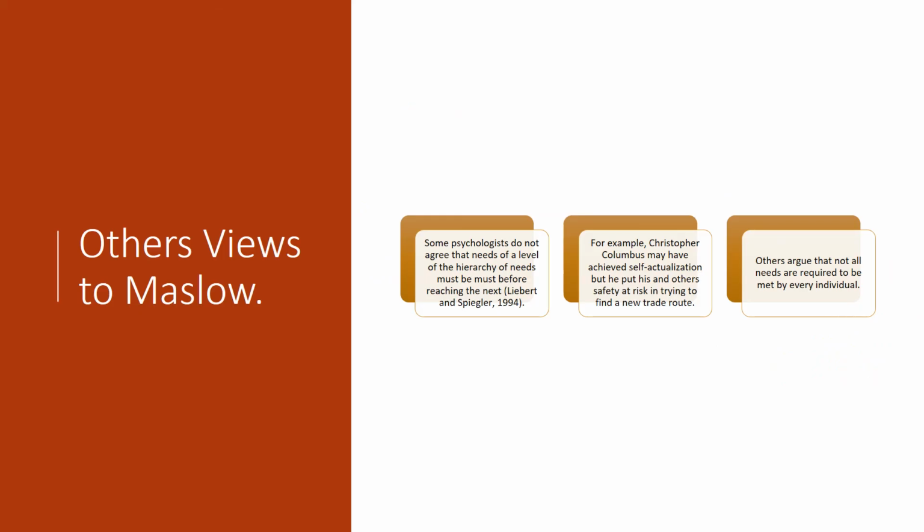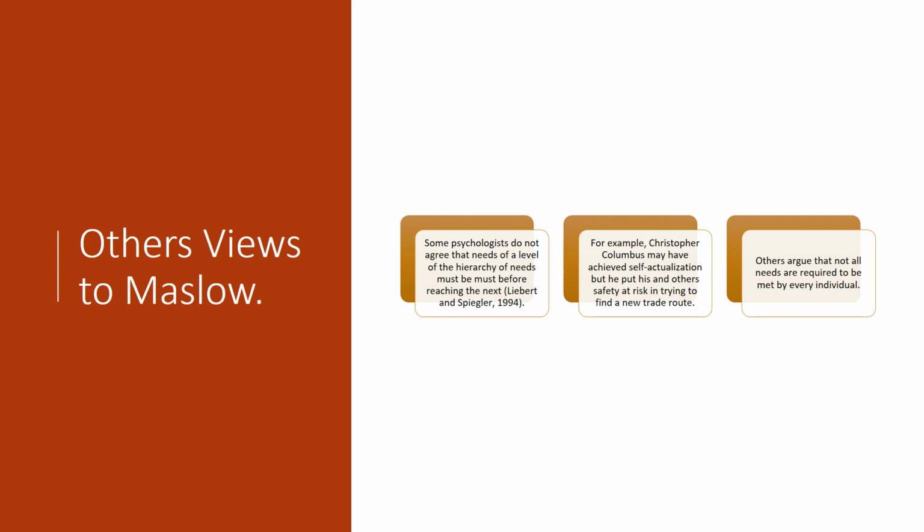Now, there are, of course, other views on Maslow, some who disagree with him. Some psychologists do not agree that the needs of a level of the hierarchy must be met before reaching the next level. For example, Christopher Columbus might have had some self-actualization about, hey, I can go and discover a new route to the sea or a trade route. But he put his own safety and the safety of others at risk by doing so.